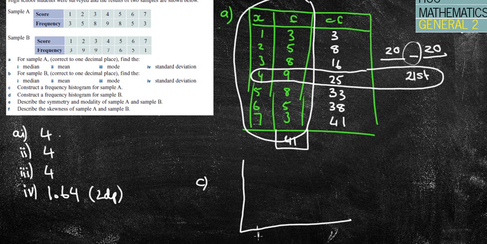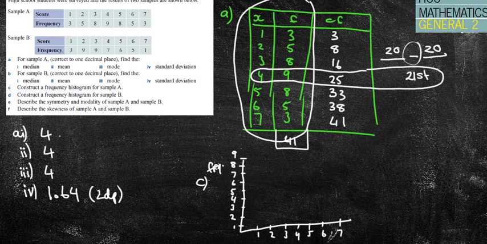So I've got 1, 2, 3, 4, 5, 6, and 7, making sure they're all evenly spaced apart and starting away from 0. Remember, we're doing frequency, not cumulative frequency. So frequency is going to be from 3 up to 9. So we can do 1, 2, 3, 4, 5, 6, 7, 8, 9. And again, a nice big spaced out graph would be the best for you guys.